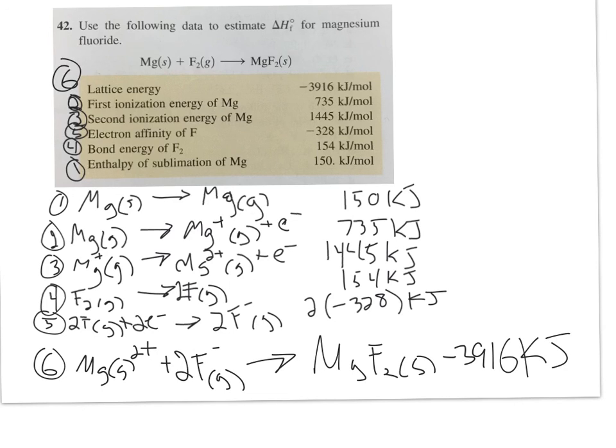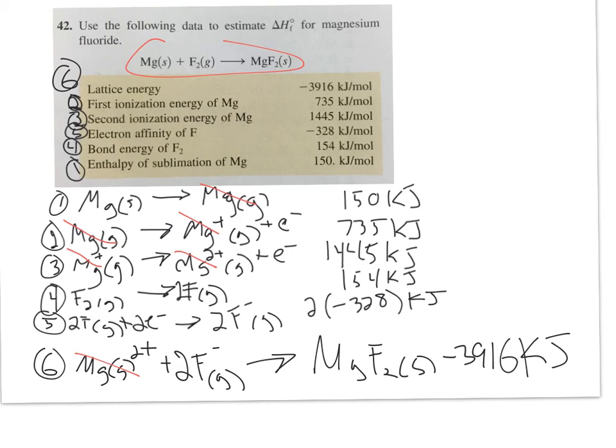So we've got all the steps, 1, 2, 3, 4, 5, 6. And if you want to look at how we get from all this mess to the reaction up here, here's what we've got. We've got magnesium gas on both sides. We've got a single magnesium ion on both sides. We've got a single magnesium plus 2 on both sides.